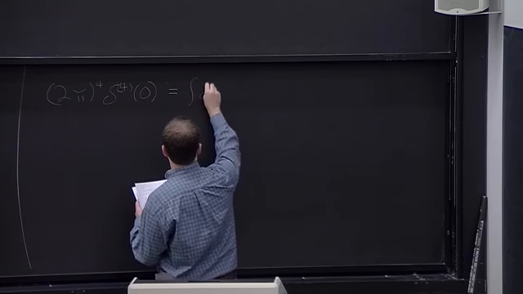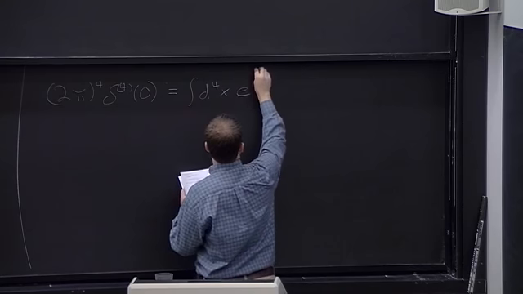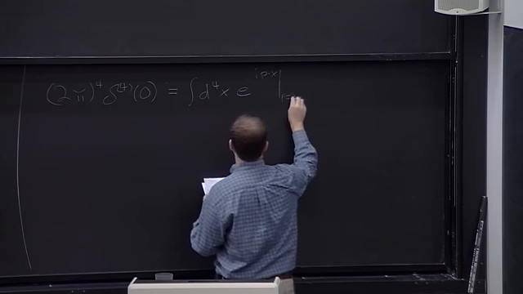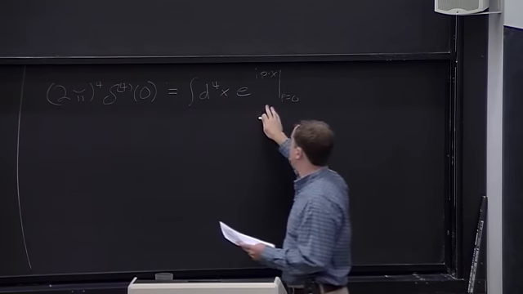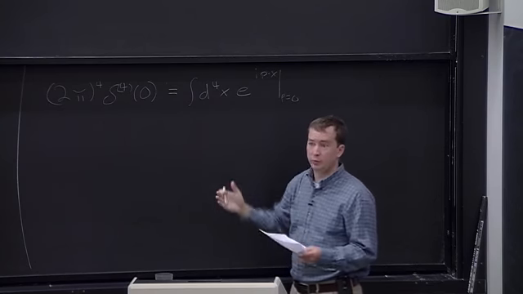And we did that by just noting that this is the same as this integral of e^{ip·x} evaluated at p equals 0. Before that gave us δ^3. We just got the volume of space in this case, or space-time from yesterday.